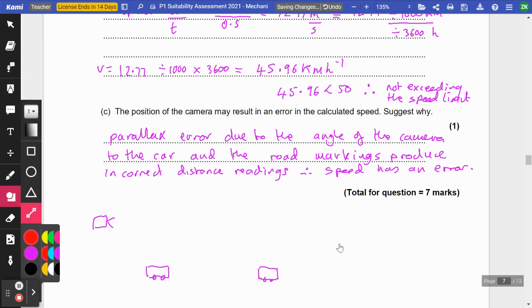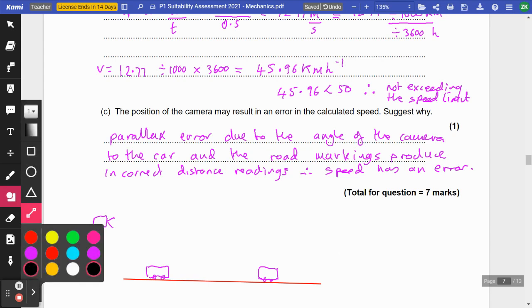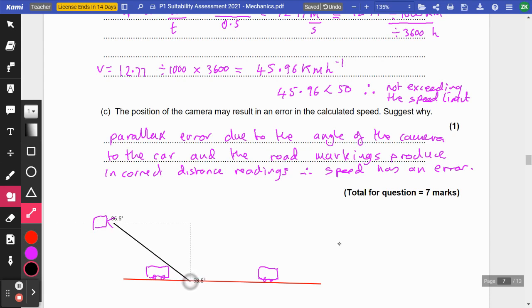If this is, let's say, the road, and if the camera is looking from this position here, this is what you'll see on the road. That's the marking that you'll see on the road from there.